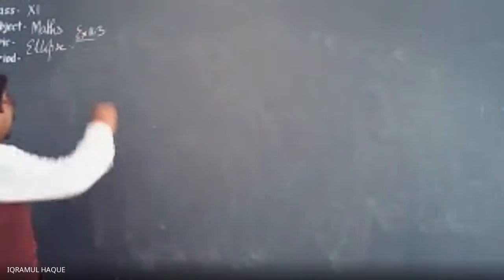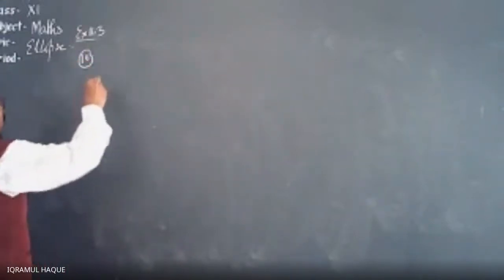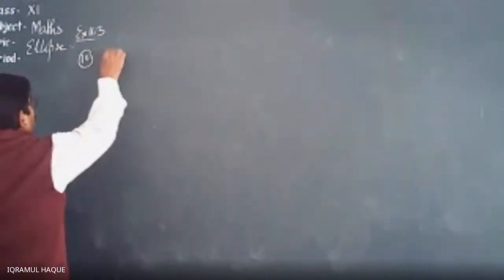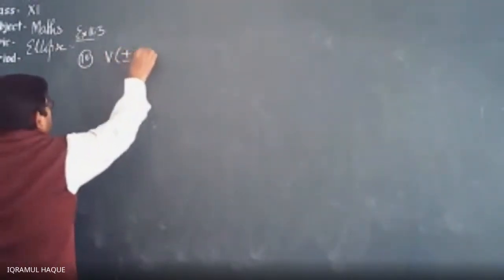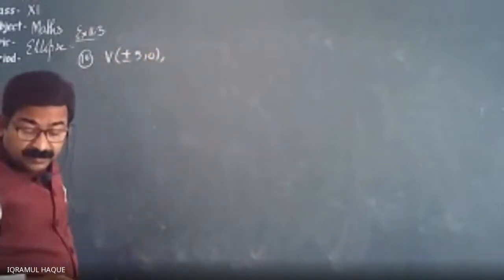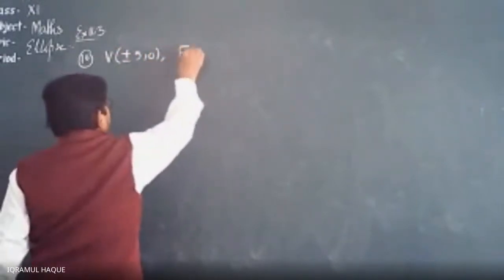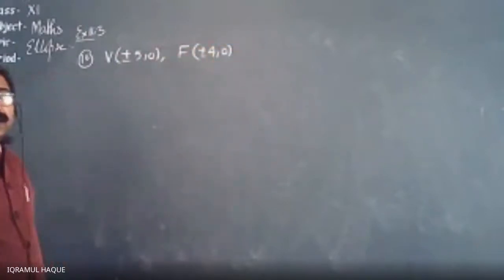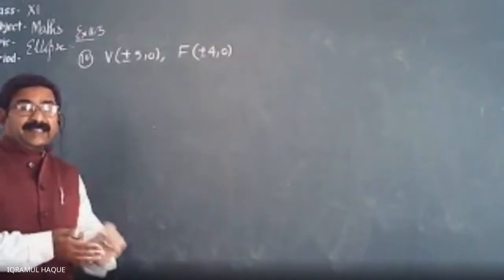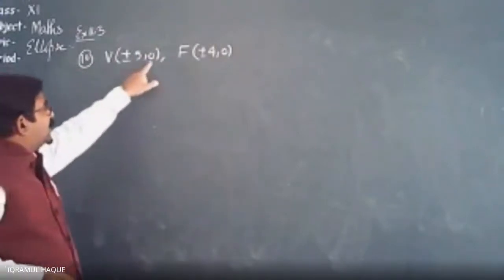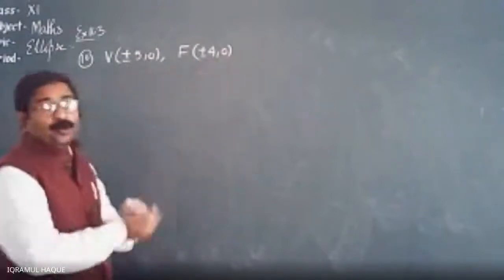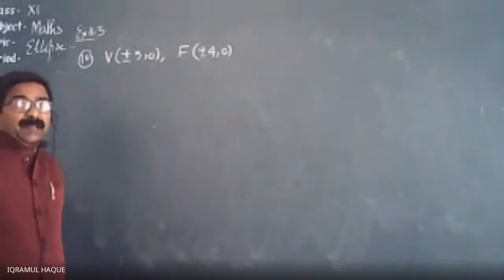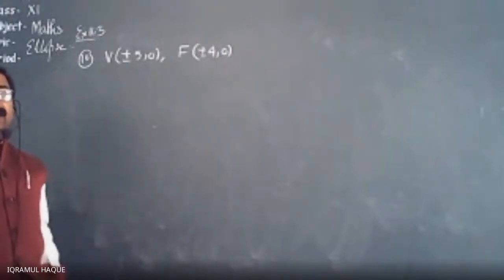In the 10th question, we are given vertices plus minus 50 and foci plus minus 40. See how to check the axis. Here y is 0, here also y is 0. The value of x is given. It means the ellipse is along the x-axis.